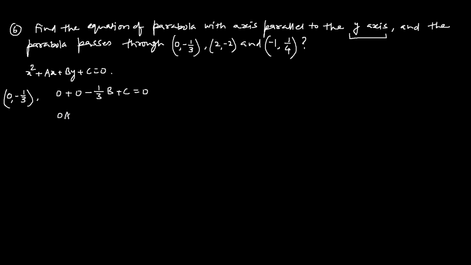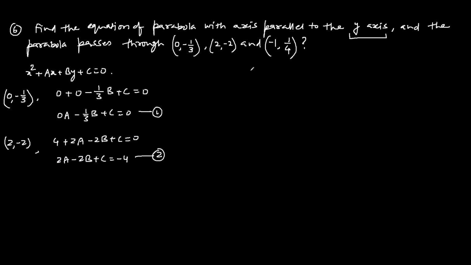So the first equation is 0a minus 1 by 3 b plus c equal to 0. The second point is 2 comma minus 2. So 2 square is 4 plus 2a and then minus 2b plus c equal to 0. So 2a minus 2b plus c equal to minus 4. This is the second equation.